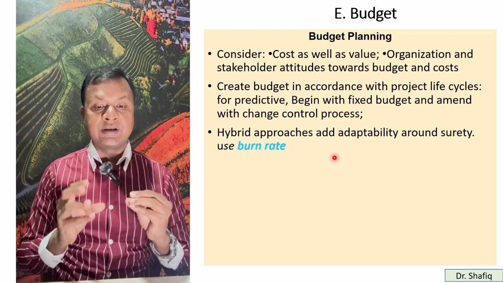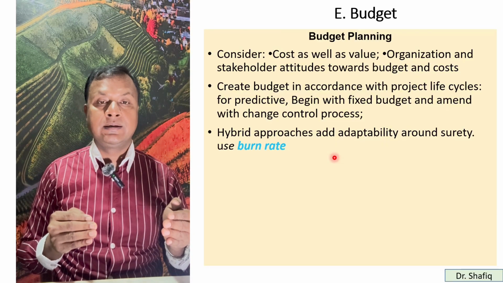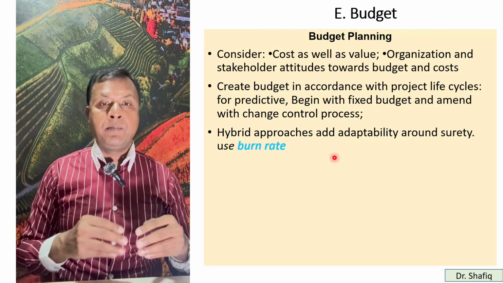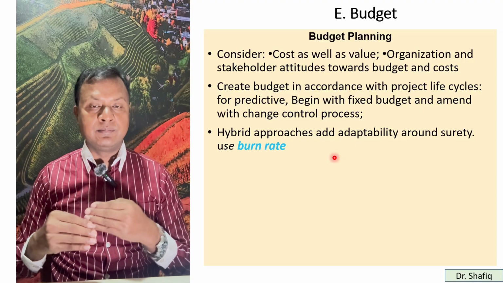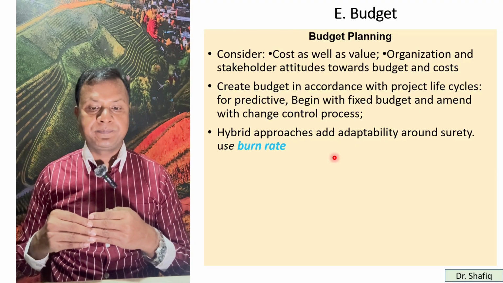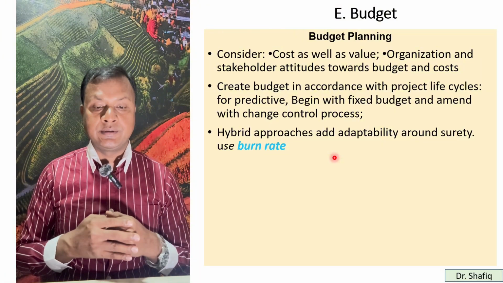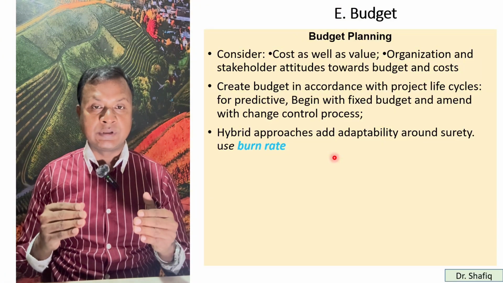So we should create a budget in accordance with the project life cycle. If the project is predictive, then one kind of budgeting. But if it is an adaptive or agile project, then the budget will be different. In the hybrid approaches or adaptability around surety, here actually we try to use the burn rate.